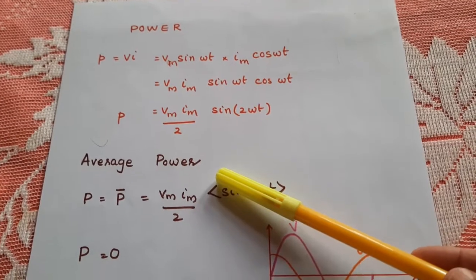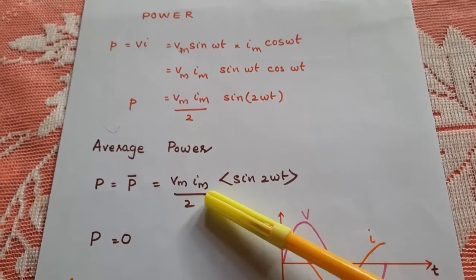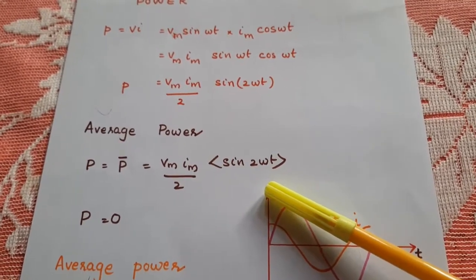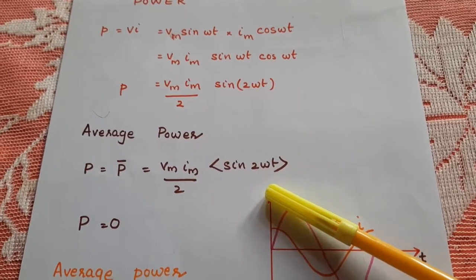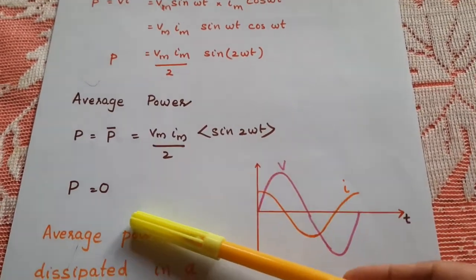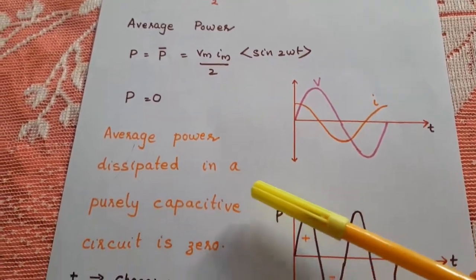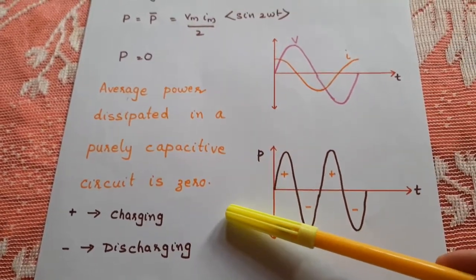But the average power P bar is equal to Vm Im by 2 into average value of sin 2 omega t. Average value of sin 2 theta is 0. So the average power dissipated is 0. Average power dissipated in a purely capacitive circuit is 0.